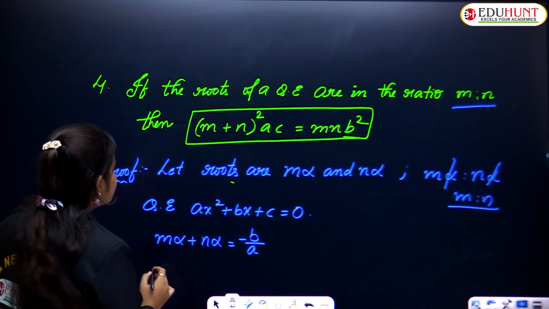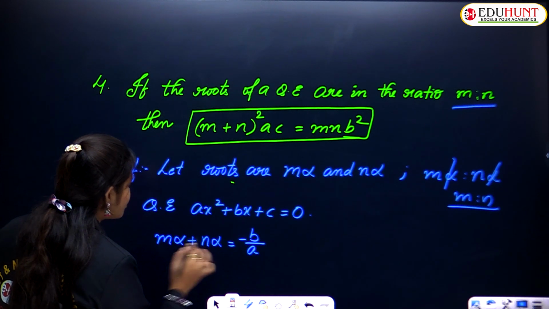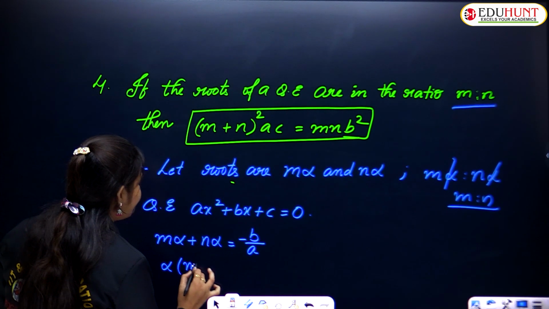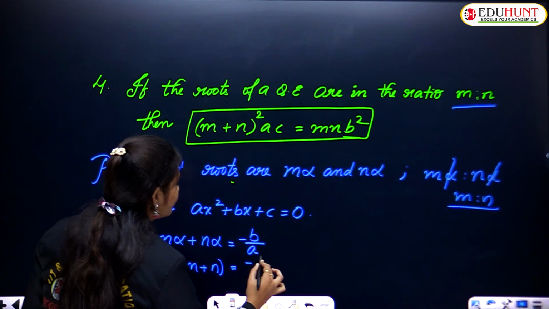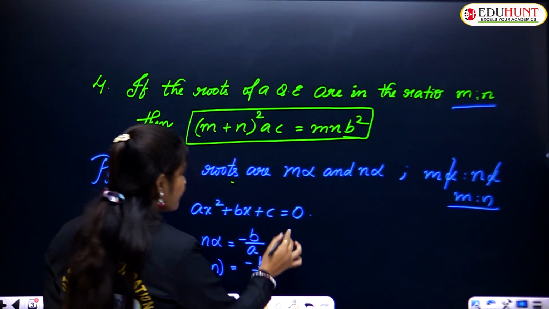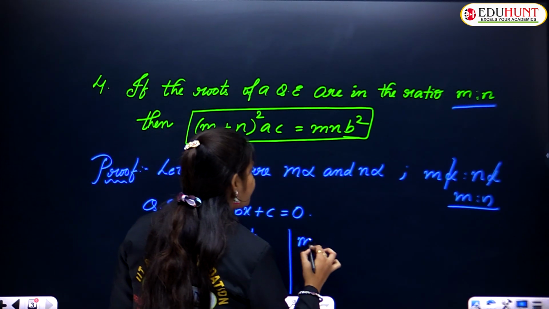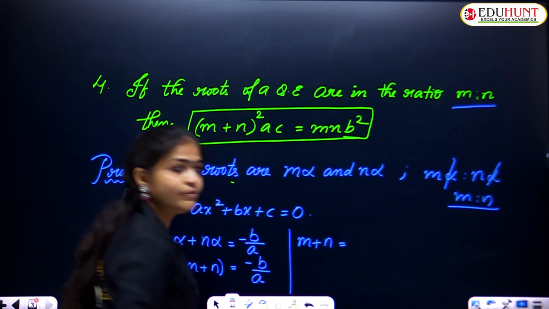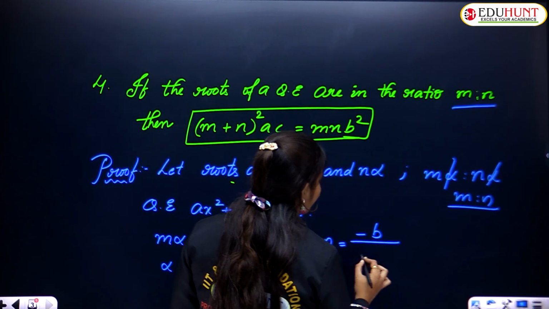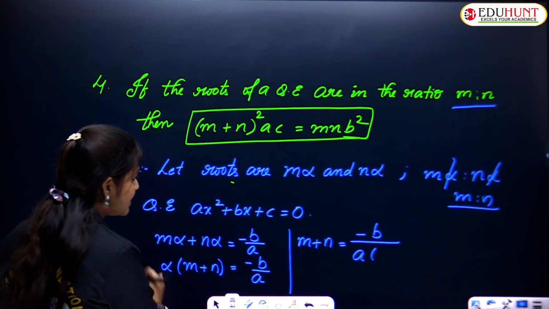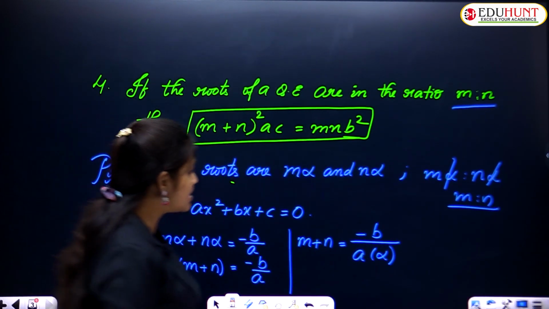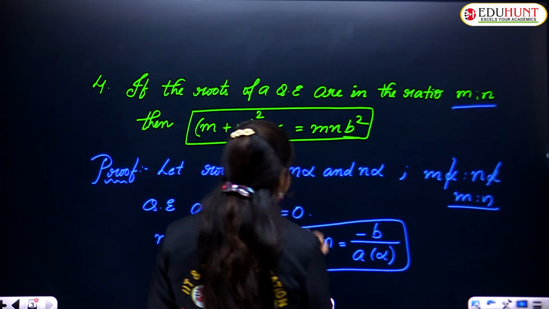Taking alpha as common, alpha into (m plus n) is equal to minus b by a. So m plus n is equal to minus b by a into alpha. This is the first condition we got.